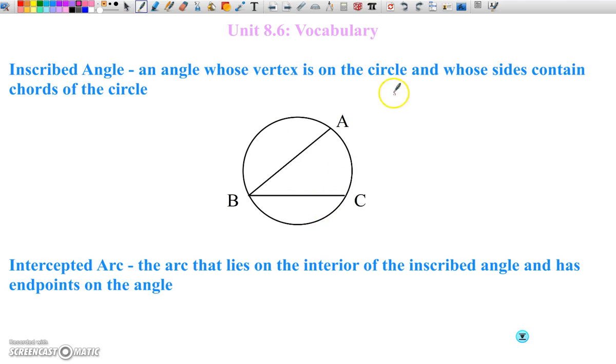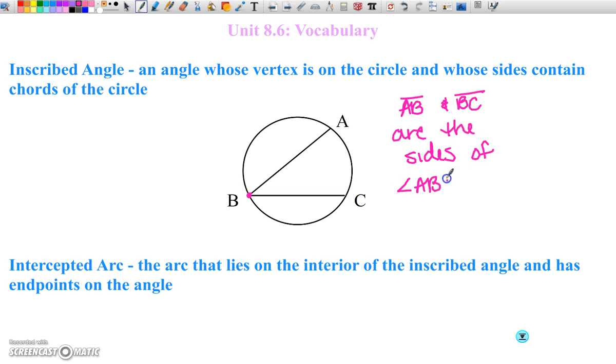So let's start with an inscribed angle. It's an angle whose vertex is on the circle, so for example right here. The sides, AB and BC, are the sides of angle ABC.